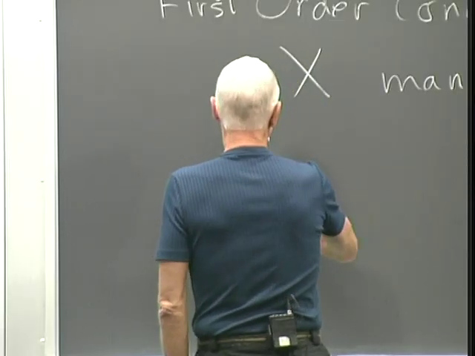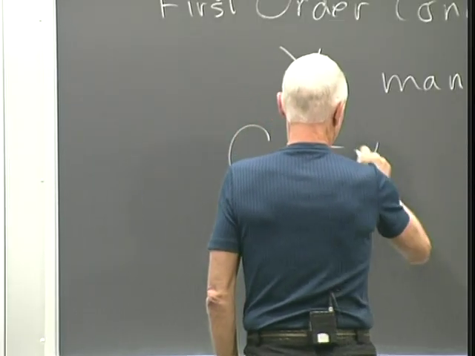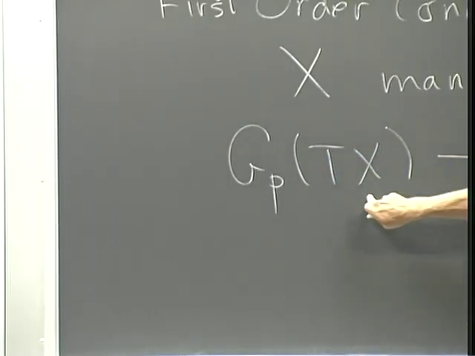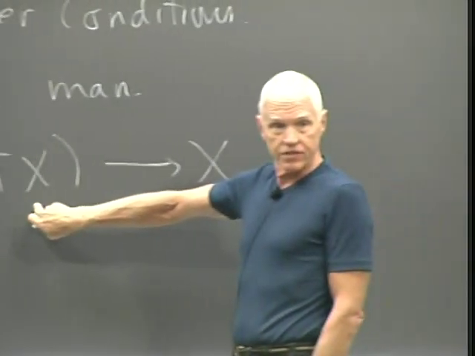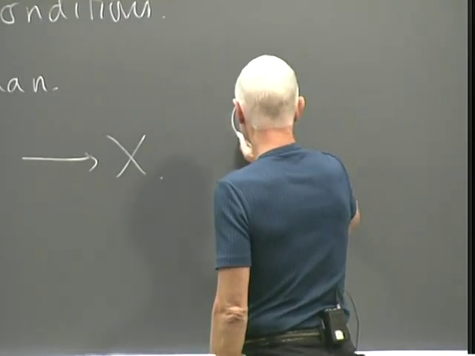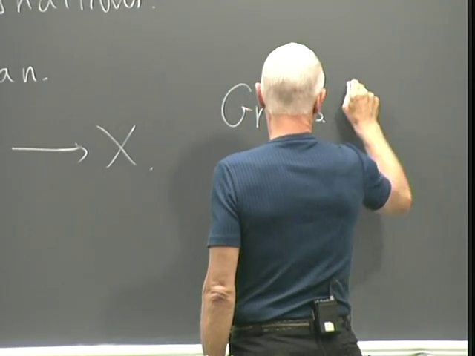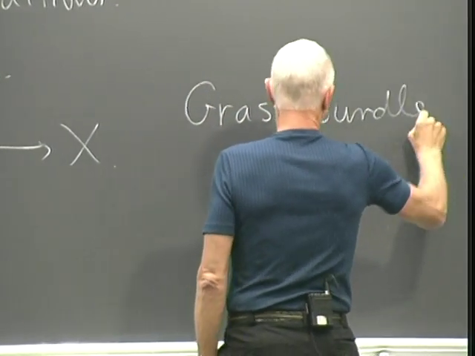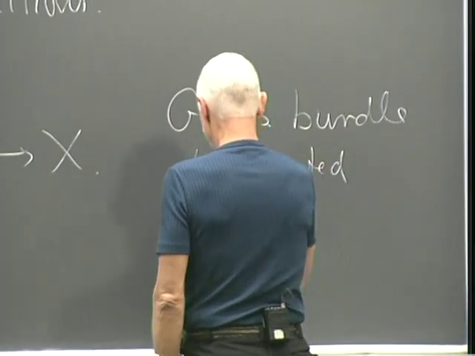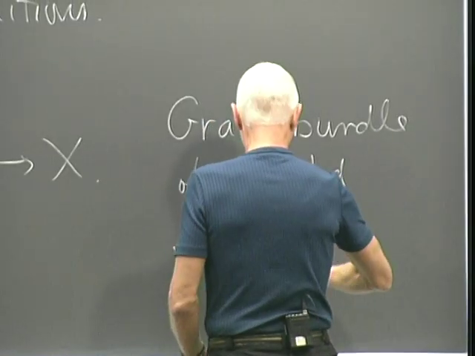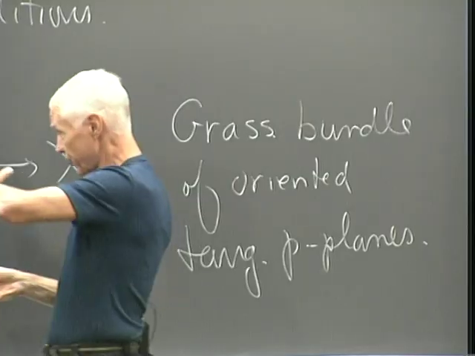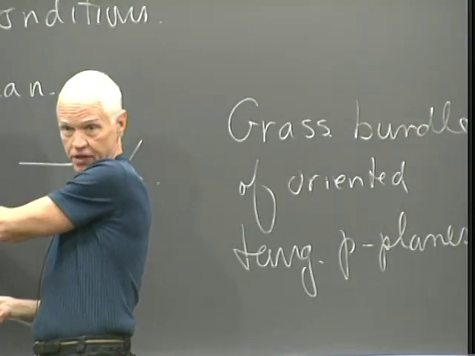Then you can look at the fiber bundle over this space, whose fiber at every point is the family of p-dimensional subspaces of the tangent space. This is the Grassmann bundle of oriented tangent p-planes. The fiber above each point is all the oriented p-planes in the tangent space at that point.